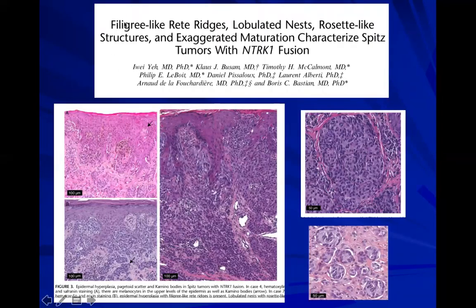So one of the papers that came out found that when you have filigree-like reedy ridges, lobulated nests, rosette-like structures, where the nuclei line up on the outside, they tend to be associated with an NTRK fusion mutation, okay?